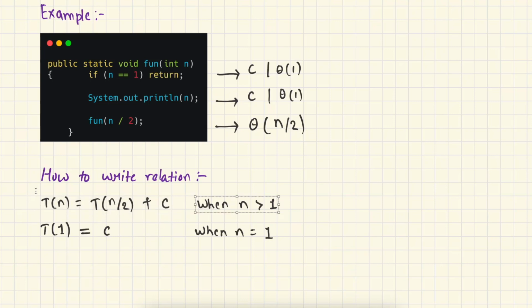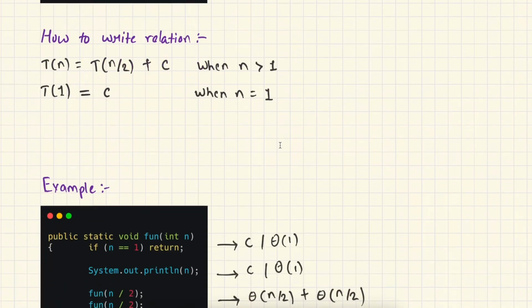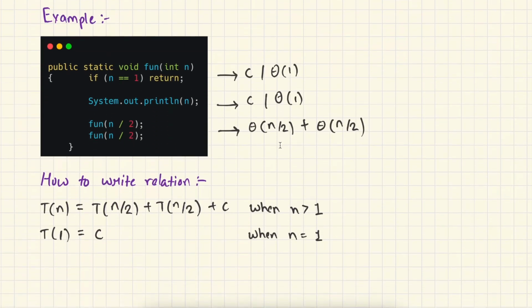And this is the amount of work we are doing when n is greater than 1. And what happens when n becomes 1? The amount of time this function takes is equal to a constant. Same as the previous example, in the first line when n becomes 1, we are just returning. So we are doing only a constant amount of work here. Okay, great. Let's move on to the next example.